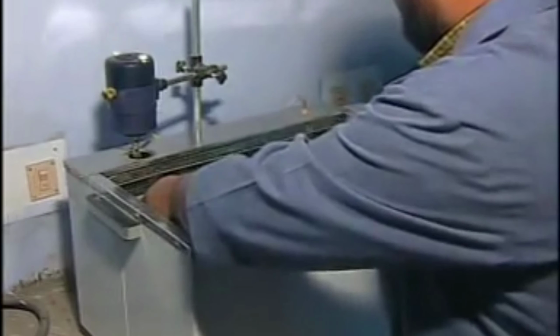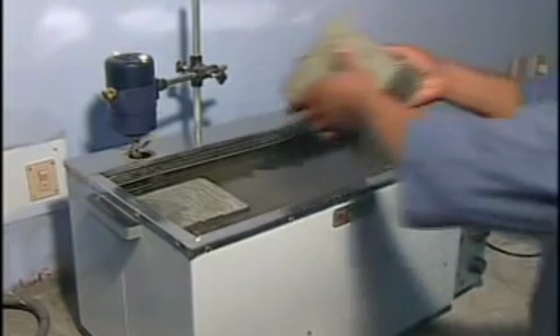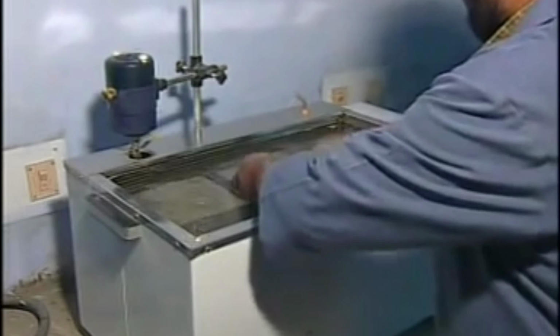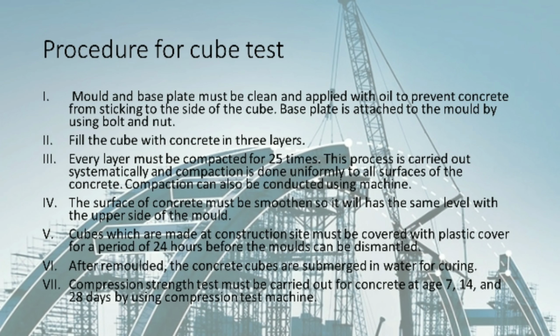After that, once removed, the concrete cubes are submerged in water for curing. And lastly, the compression strength test must be carried out for concrete at age 7, 14 and 28 days by using a compression test machine.